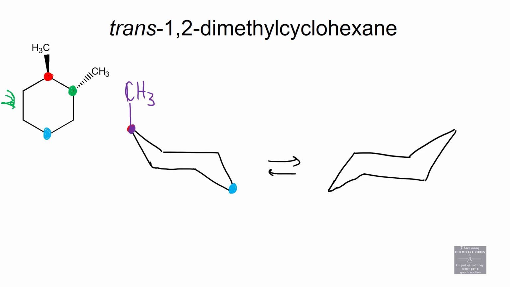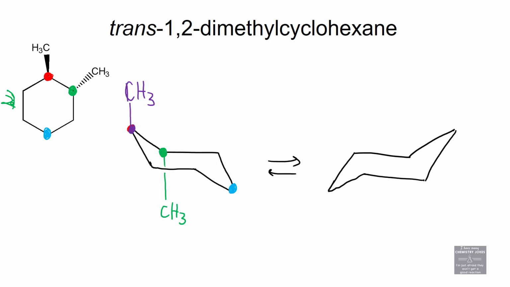If I say this carbon here has a methyl, be sure that you understand that green dot carbon and that green dot carbon are the same thing. Remember, the bottom line of a chair is coming toward your face. So my methyl on that green carbon is pointed down, and pointed down on the green carbon chair structure over here means axial as well.